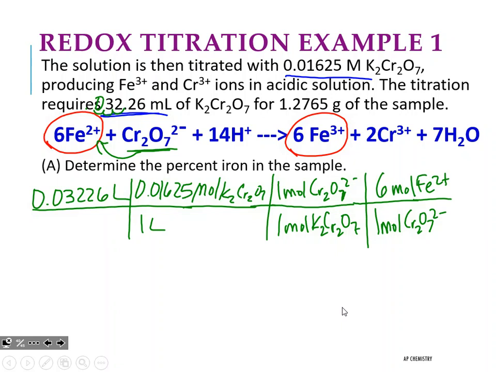Since we have 4 digits in each one, we want to keep 4 digits in our answer. 0.00314. All right, so getting this as our moles.